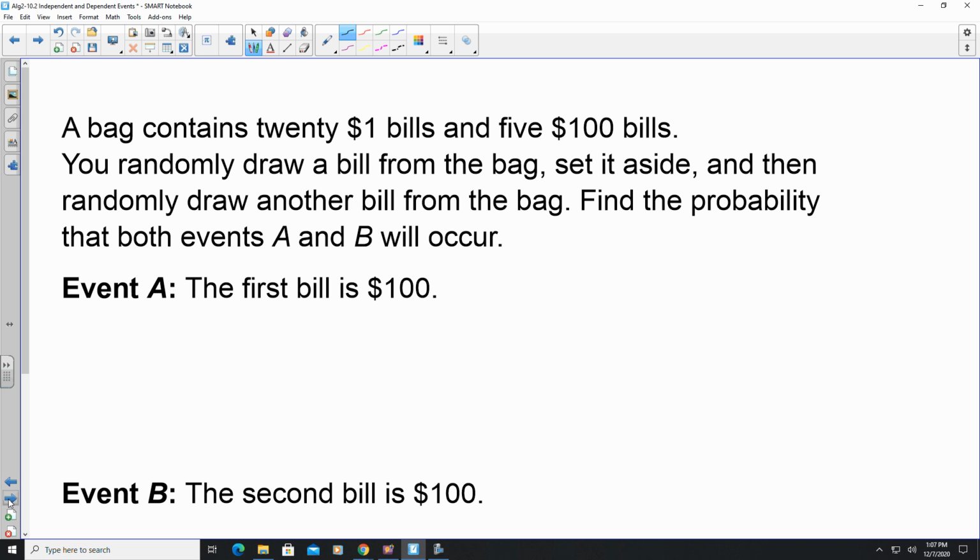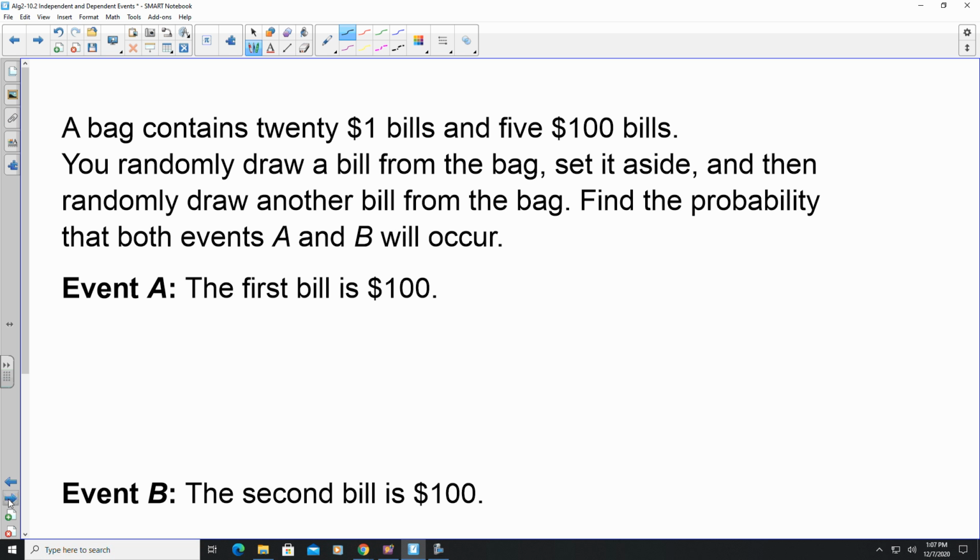So here it says a bag contains 20 $1 bills and 5 $100 bills. You randomly draw a bill from the bag, set it aside, and then randomly draw another bill from the bag. They want you to find the probability that both events A and B will occur.